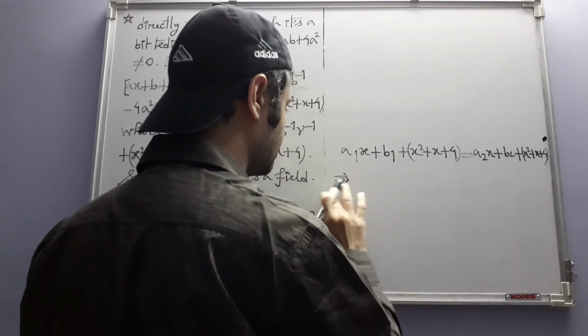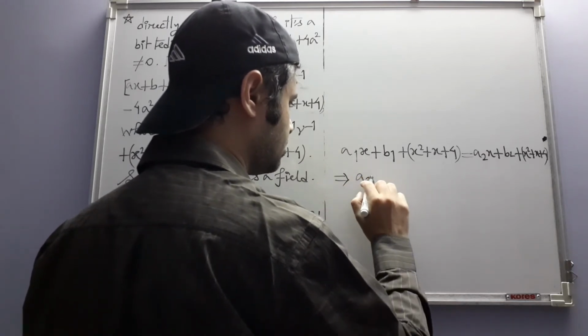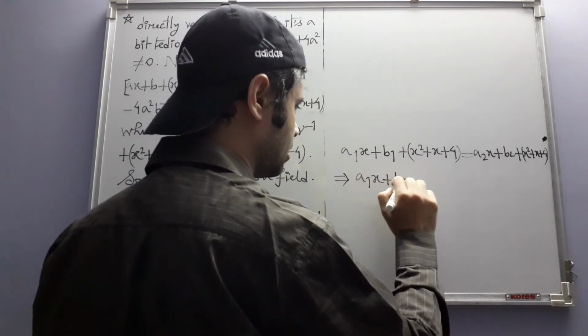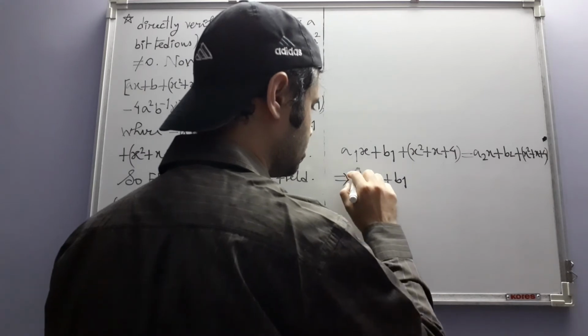That will tell you that the function is well defined. Now this implies a1x plus b1, when are two such cosets equal?